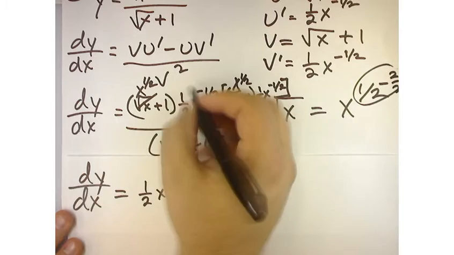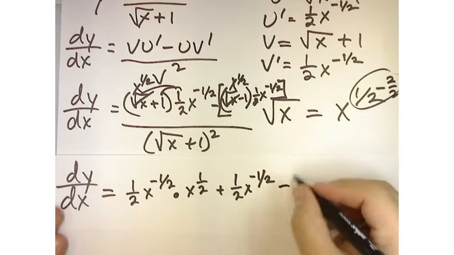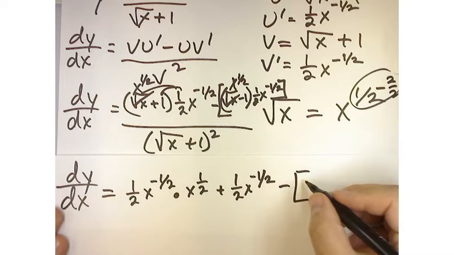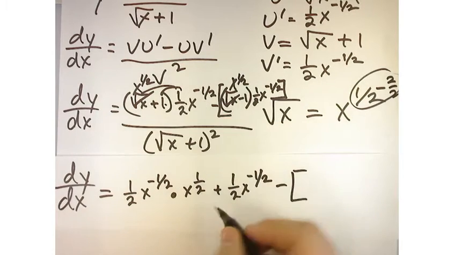That's just by me distributing that through the parentheses. Minus the quantity... Why isn't it x to the negative 1/2 on the second? Because it's just times 1, so it's just itself. How'd you get rid of the square root of x? The square root of x is x to the 1/2. So this is the same as the square root of x.